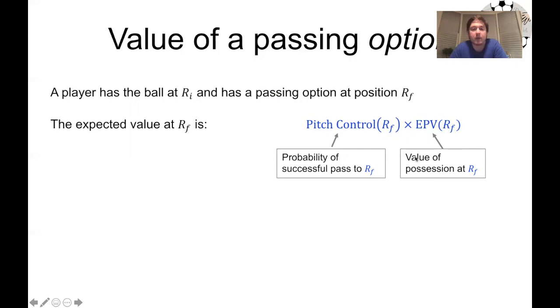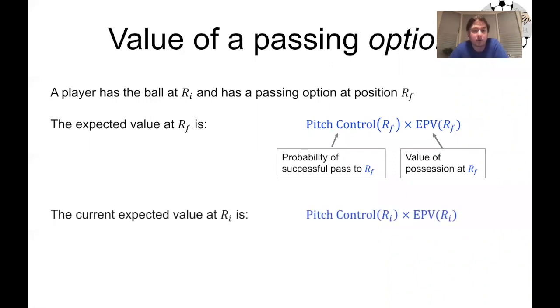Or to put that another way, the probability of the pass being successful multiplied by the value of the possession at the final location. And we can compare this to the expected value of the possession at the current ball location by calculating the pitch control at the current location before the pass is made, multiplied by the EPV value at the current pass location.